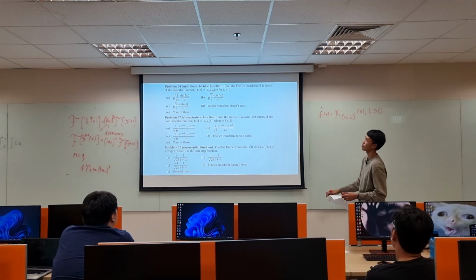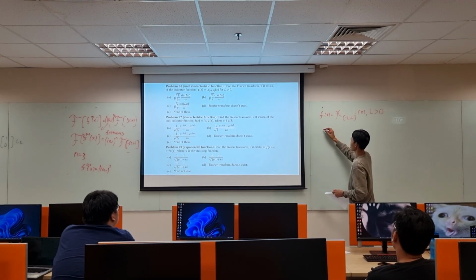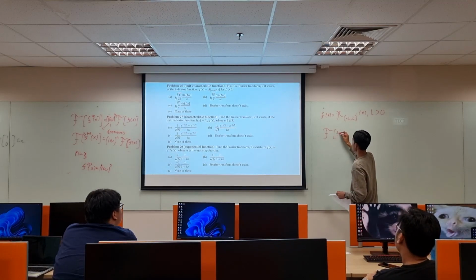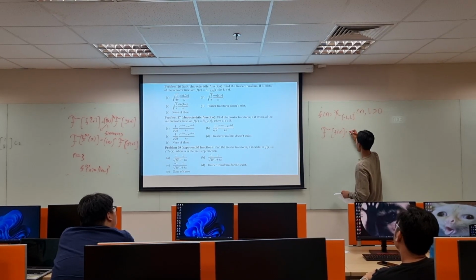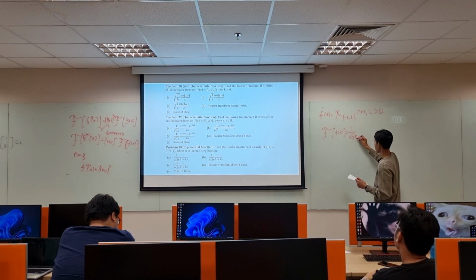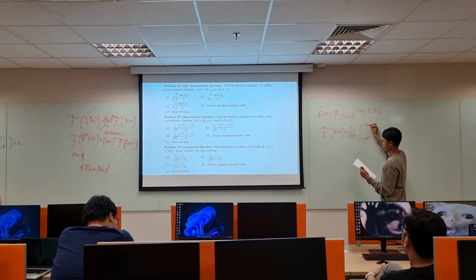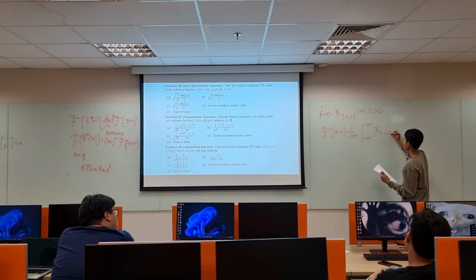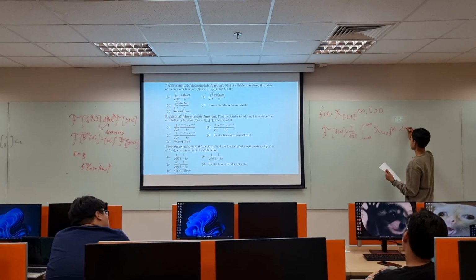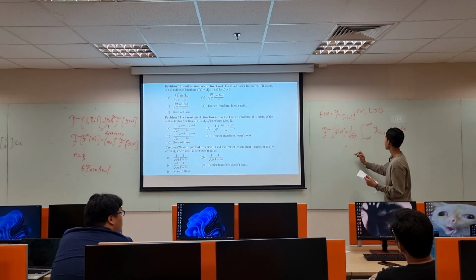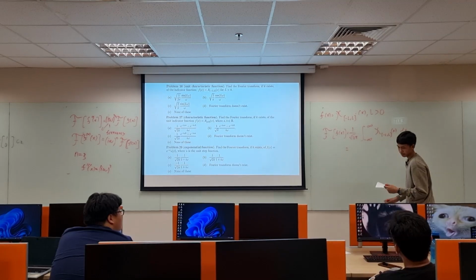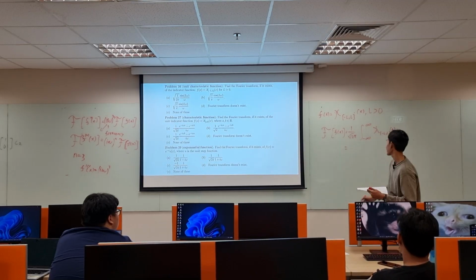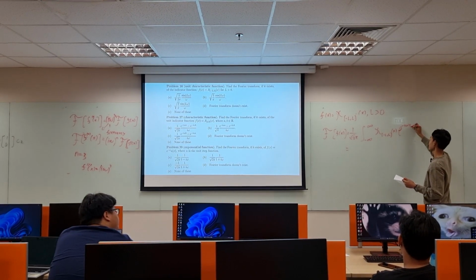So find the Fourier transform. Let's just do it. The Fourier transform of f of x equals 1 over the square root of 2 pi times the integral from minus infinity to infinity of chi from minus L to L of x times e to the minus i omega x dx.